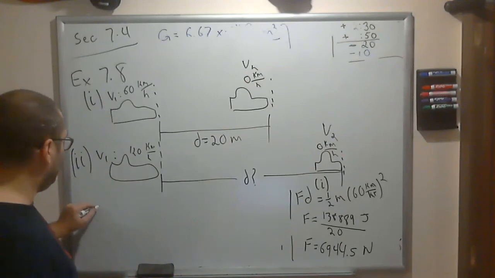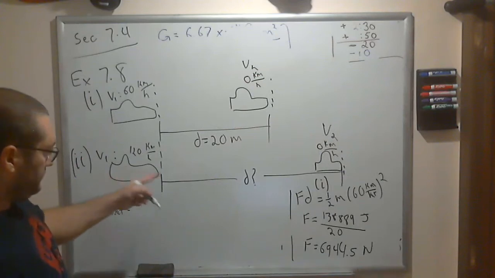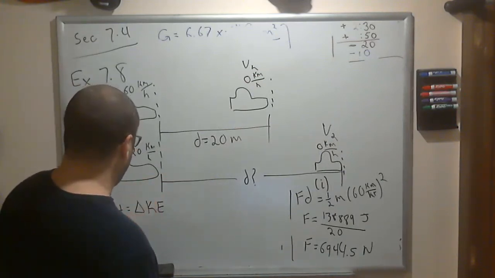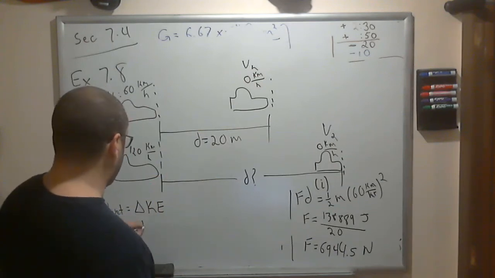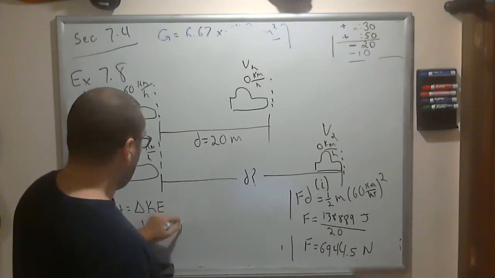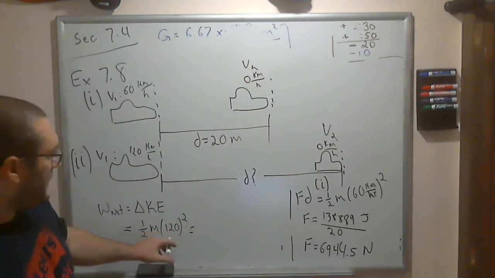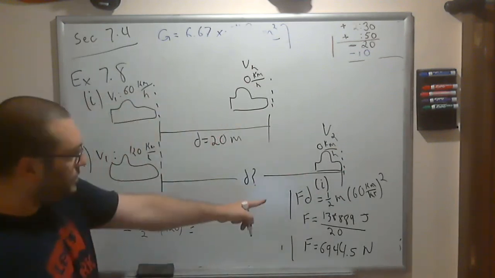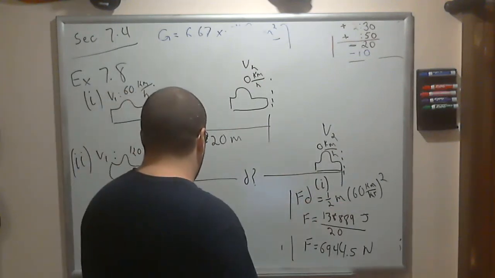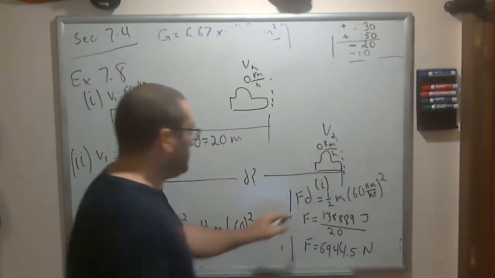Let's plug it in. So we have F net is equal to the change in kinetic energy. And in this case, it's M times 120. Now this is equal to twice this speed. So this is really 4 times the square. I'll write it like this because I already have the numbers.